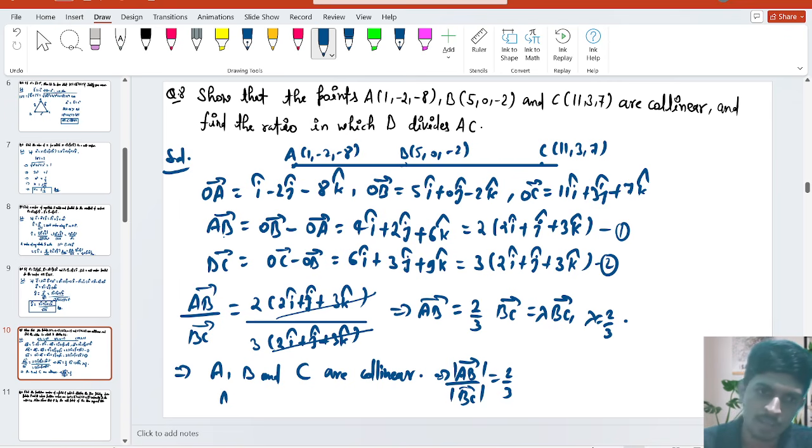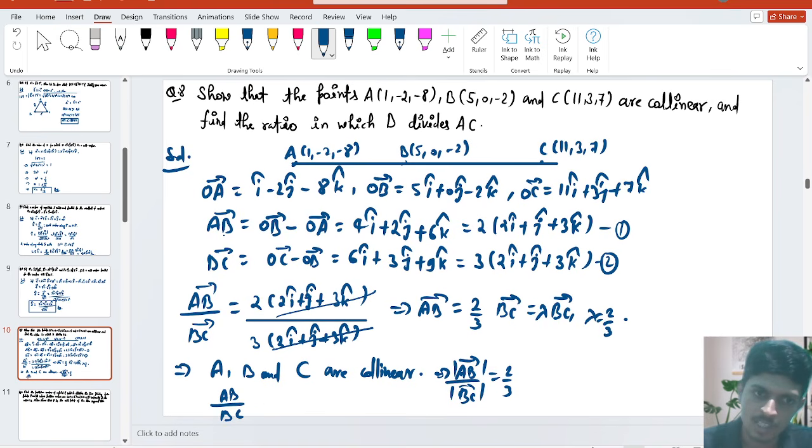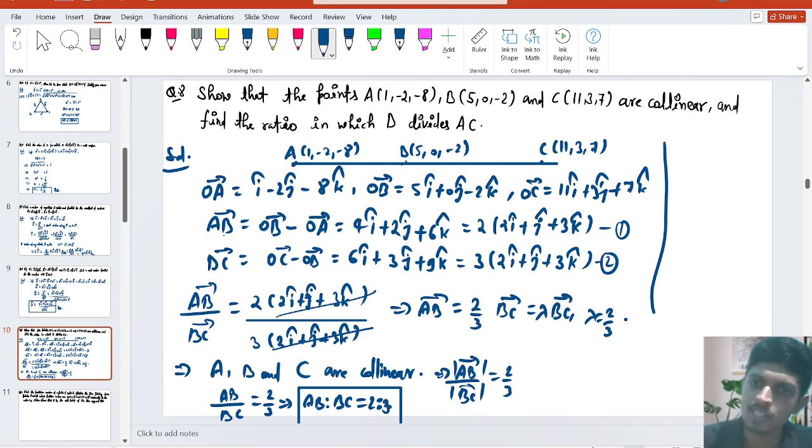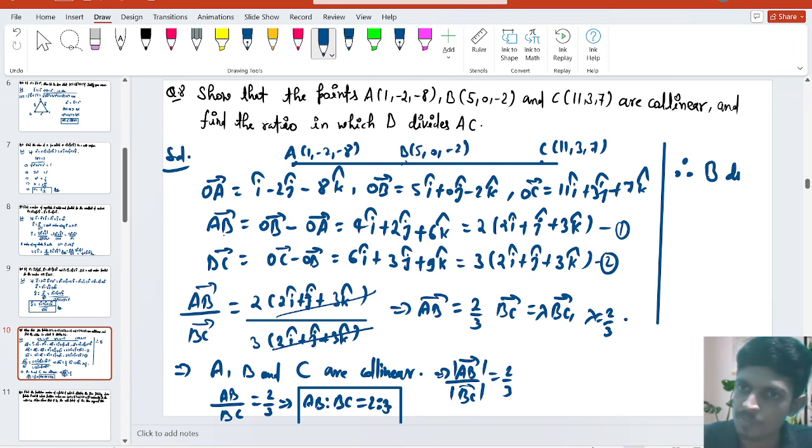So AB to BC is 2 ratio 3. I hope it is clear to you. So our answer is: B divides AC in the ratio 2 to 3. I hope it is clear to you.